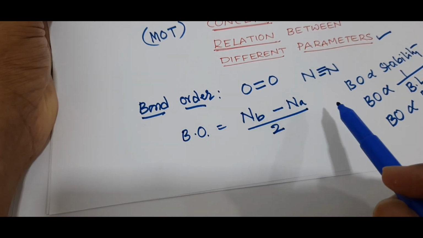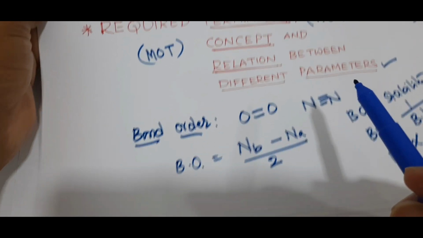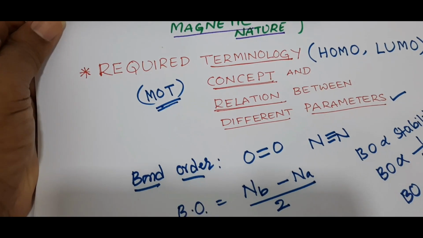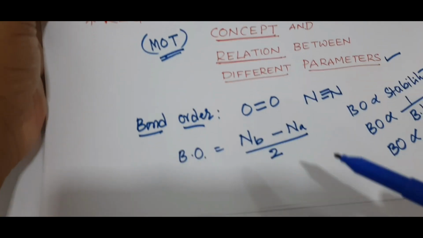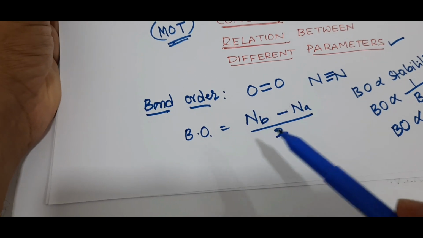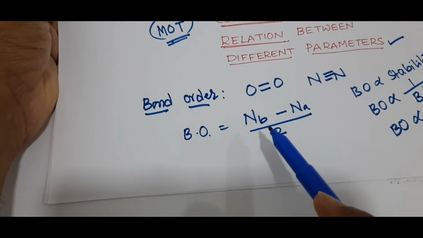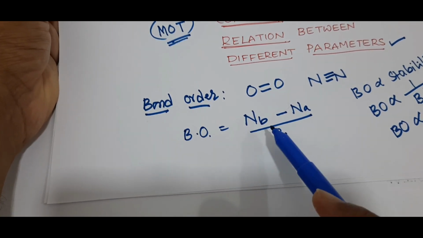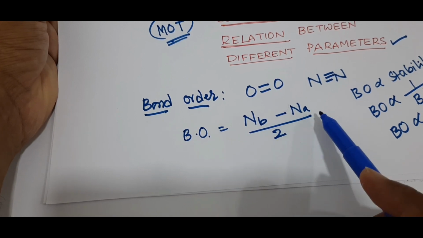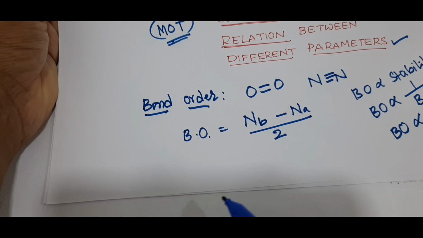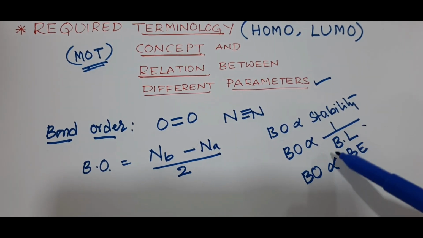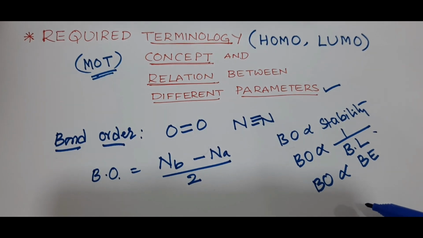What are bonding electrons and anti-bonding electrons? Students must have knowledge of molecular orbital theory, though I will explain what bonding and anti-bonding molecular orbitals are. Right students? So bond order is equal to number of bonding electrons minus number of anti-bonding electrons by 2.